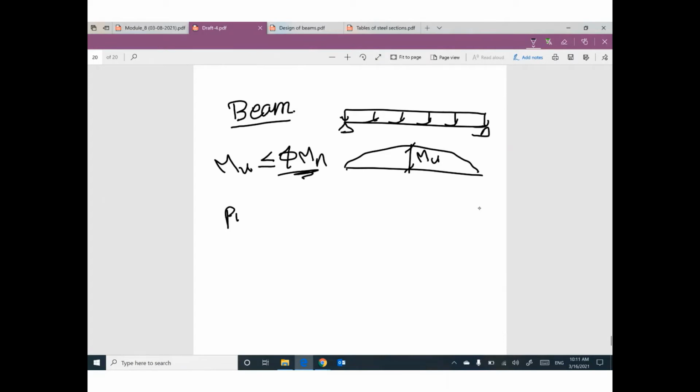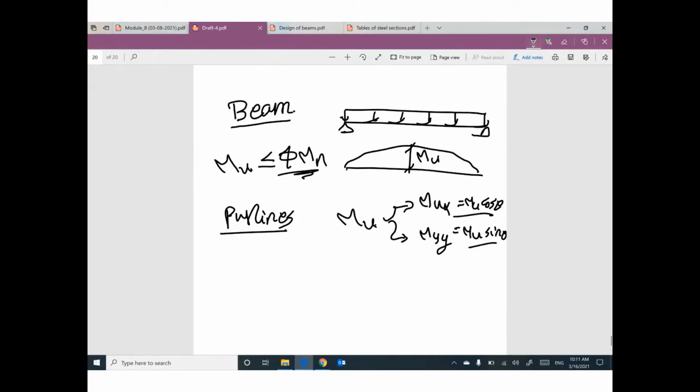For purlins, we have a special case because this M ultimate is applied on the beam, and this beam is supported by a sloped member, the rafter. So this moment must be broken into M ultimate X and M ultimate Y, two components. M ultimate X equals M ultimate cosine. M ultimate Y equals M ultimate sine.